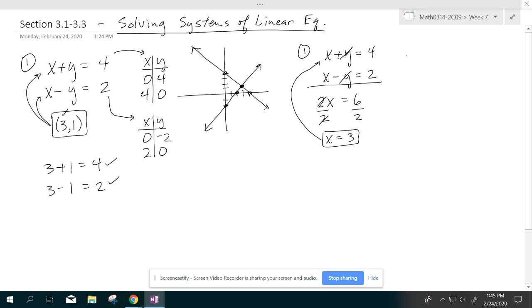So if I plug that 3 back in, it's going to say 3 plus y equals 4. And so 3 plus what equals 4? That tells me that y is 1. 3 plus 1 is 4. And then I can write that as an ordered pair, (x, y) equals (3, 1). Do y'all see I get the same answer with a different technique?